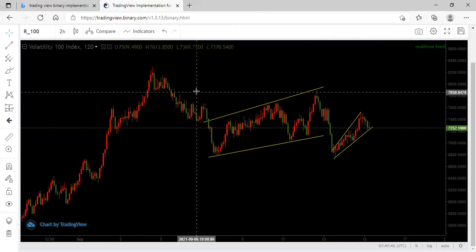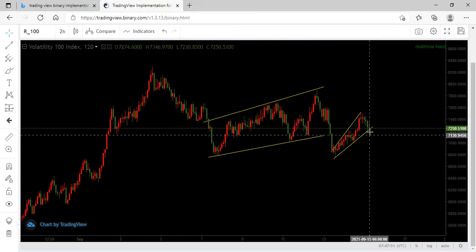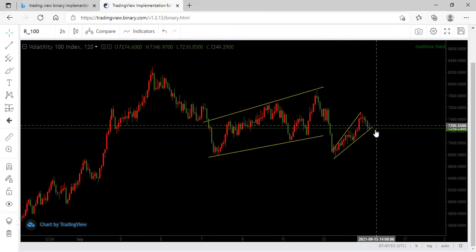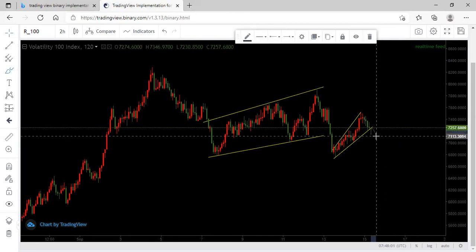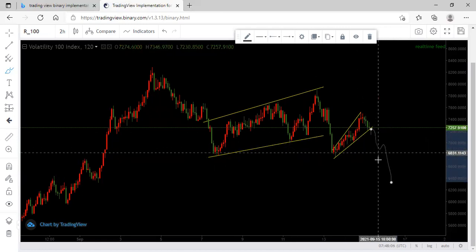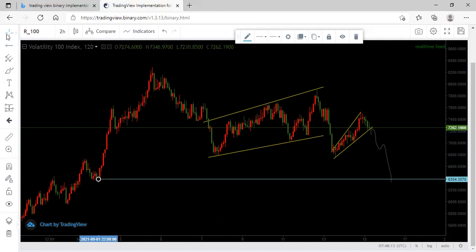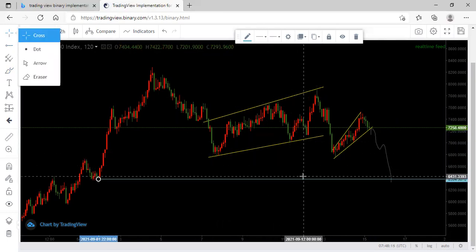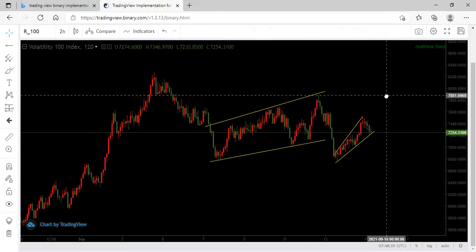We know that after the impulsive leg, we had this big correction. Now we are having this continuation. It is like a bearish flag. When this price is ready to break impulsively to the downside, it will go up to this point. Our first take profit will be along this level. Obviously, it will be around here. Let me read this, then we can proceed.